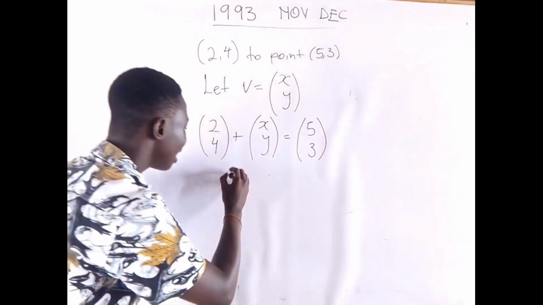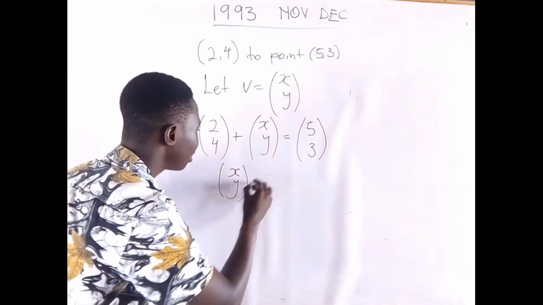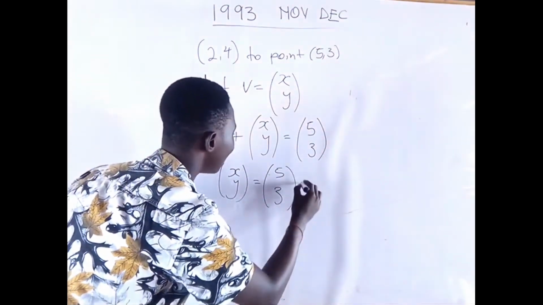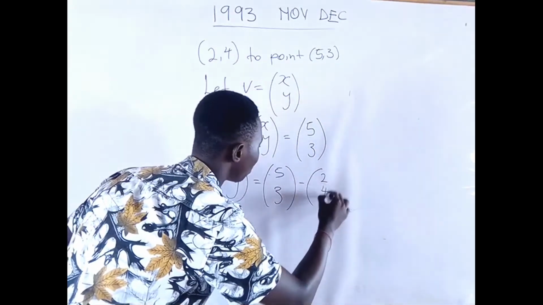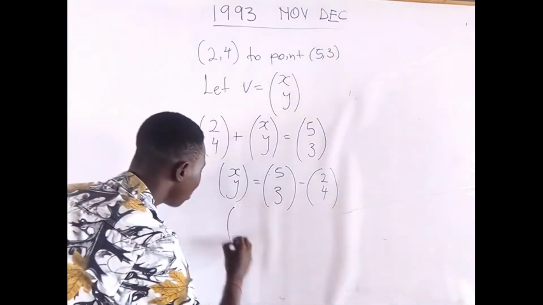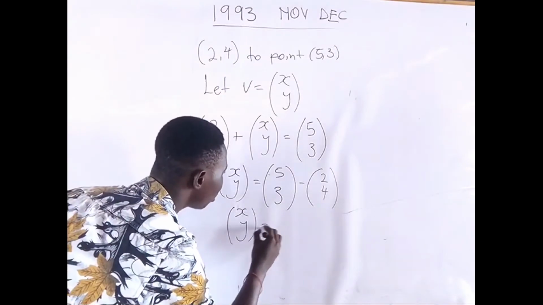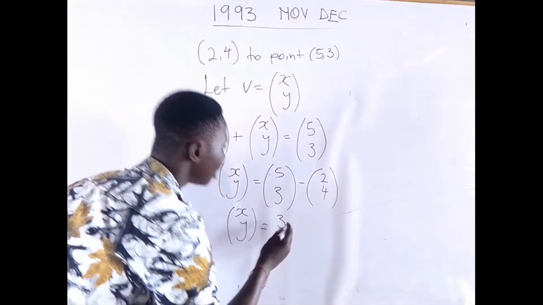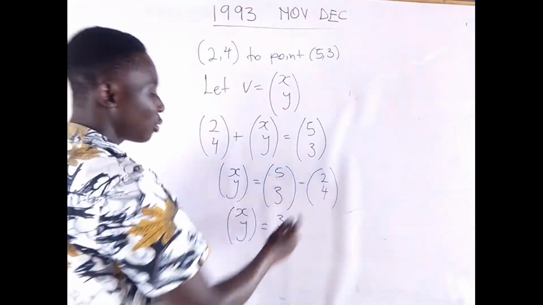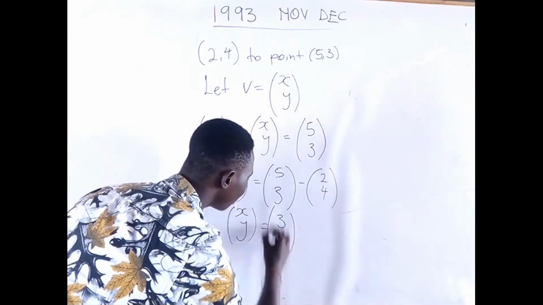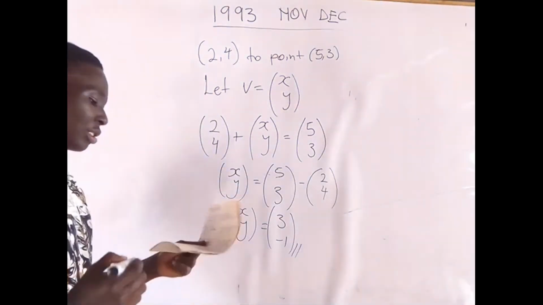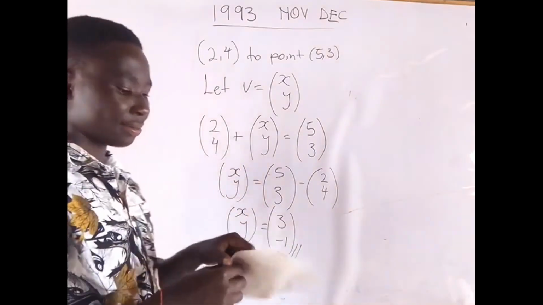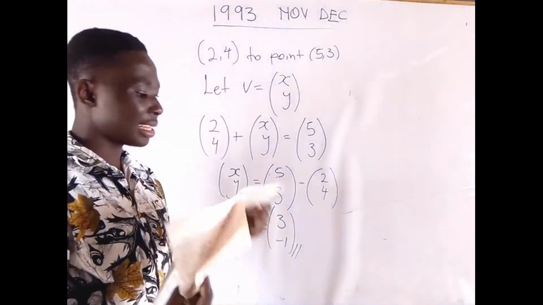We are going to get xy is equal to 5, 3 minus 2, 4. So xy is equal to 5 minus 2, which is going to give us 3, and 3 minus 4, which is going to give us minus 1. So this is our answer for question number 9. So let's move on to number 10.